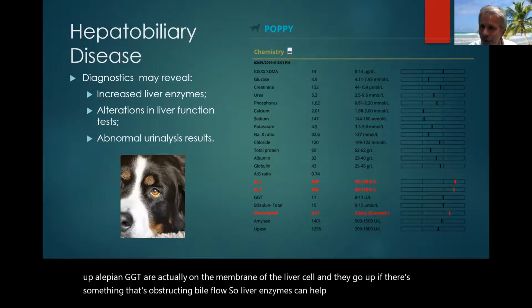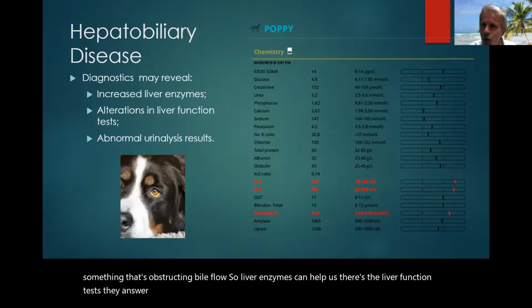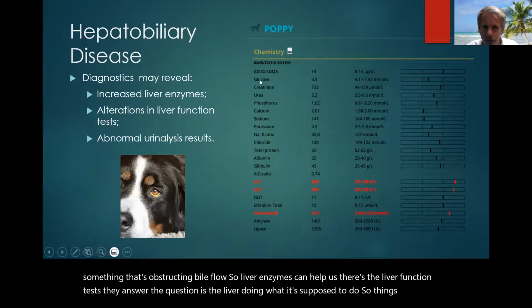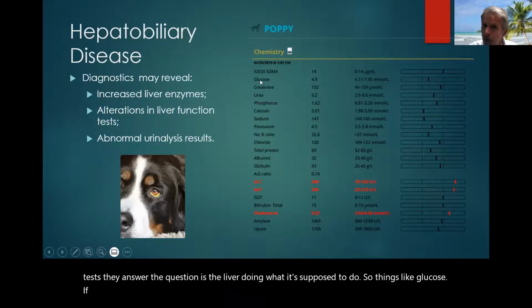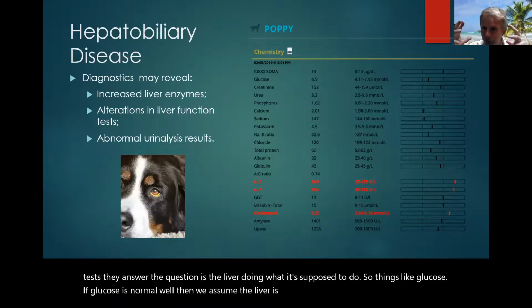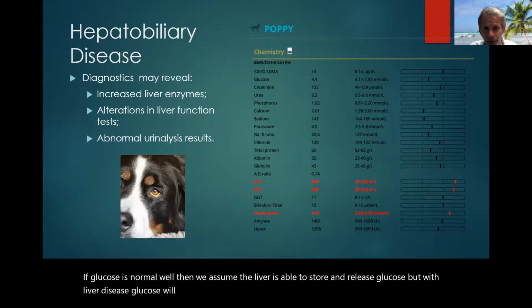There are the liver function tests. They answer the question, is the liver doing what it's supposed to do? So things like glucose. If glucose is normal, well, then we assume the liver is able to store and release glucose. But with liver disease, glucose will go down. Urea will go down because the liver's not making urea.